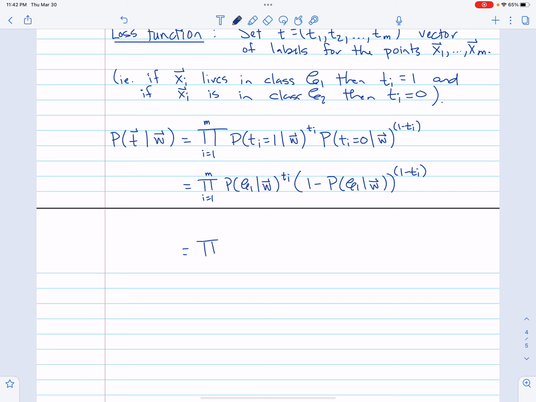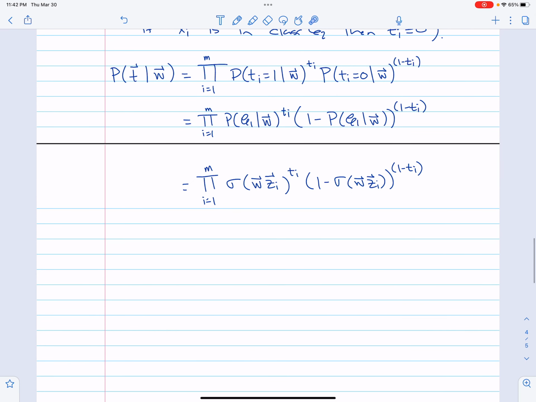But remember, those probabilities there are modeled by the sigmoid function. So this is sigma of w transpose zi to the power of ti times 1 minus sigma of w transpose zi to the power of 1 minus ti. Okay, and because we don't want to keep writing that out, I'm just going to call those things y.